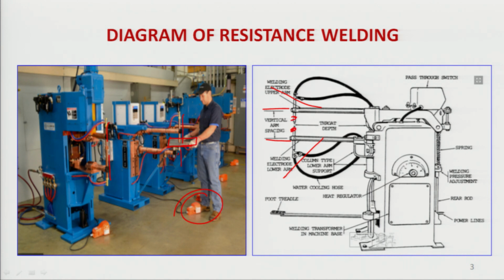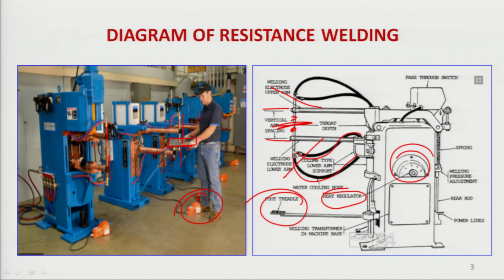In between this, whatever material we have to weld, we keep that material, and these are the cooling pipes which take the heat out of the system and keep the temperature under control. This is the foot control, and various other things are there, like the heat regulator.